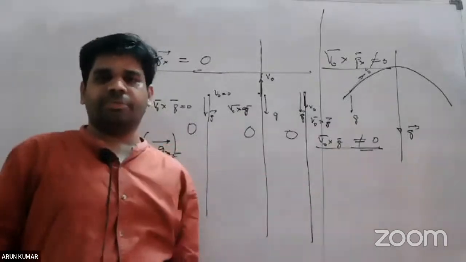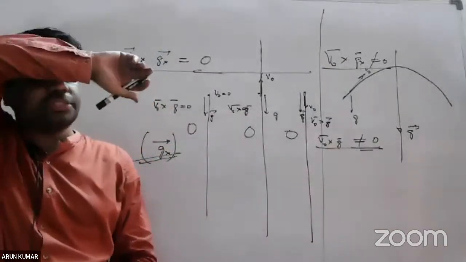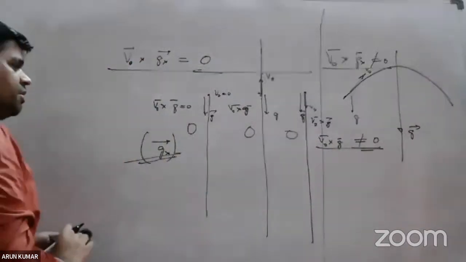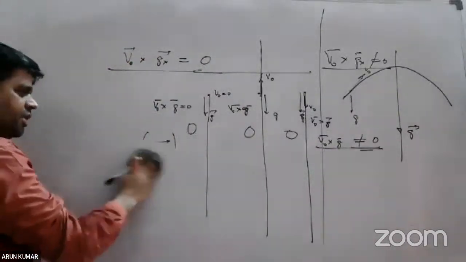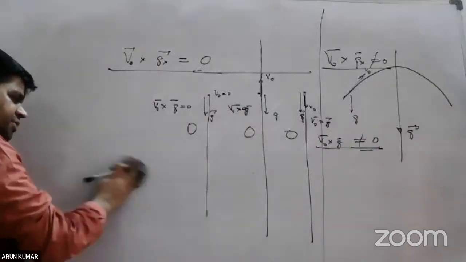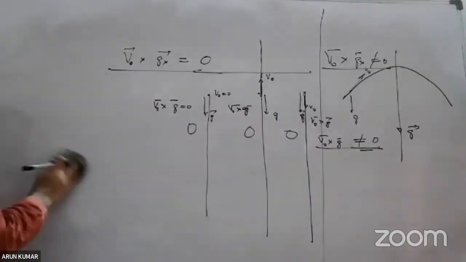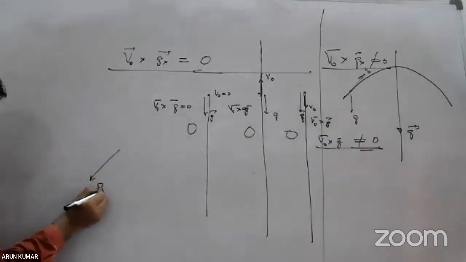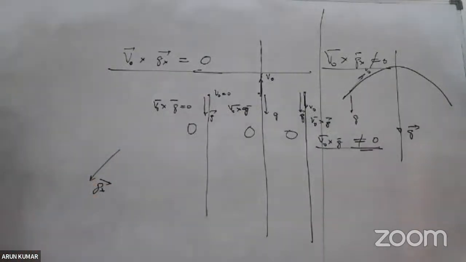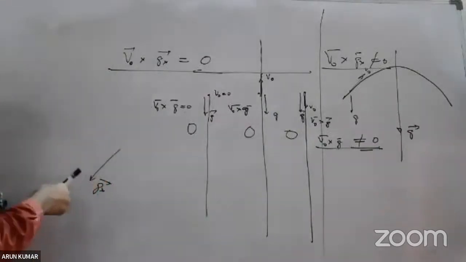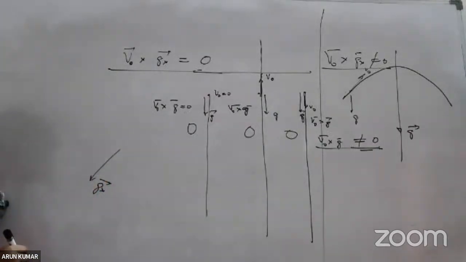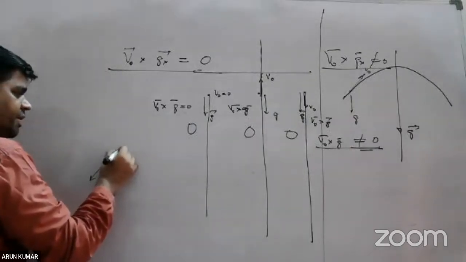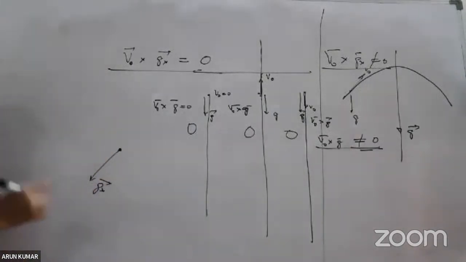So suppose in a hypothetical situation, a practical situation, but until now hypothetical, g is given in this direction, at this angle instead of vertically downward. Then if I release a particle, in which direction will it go?